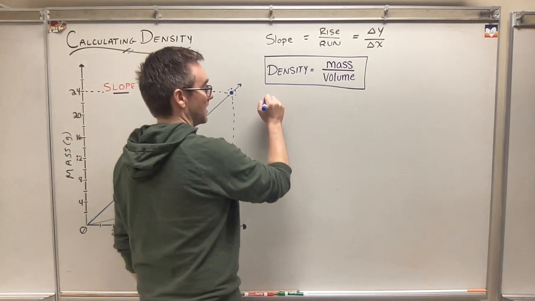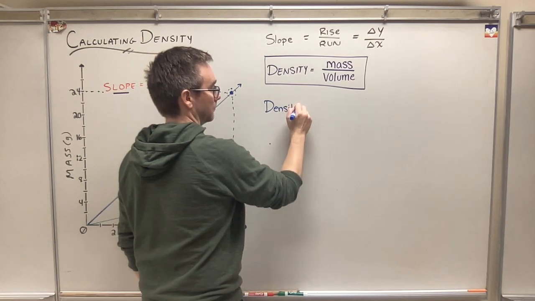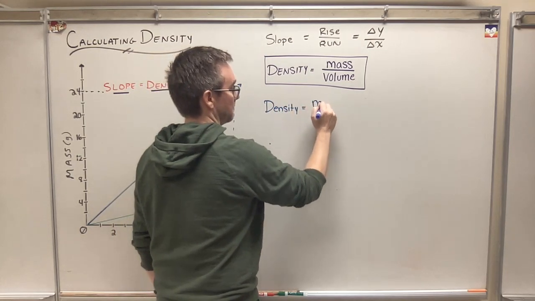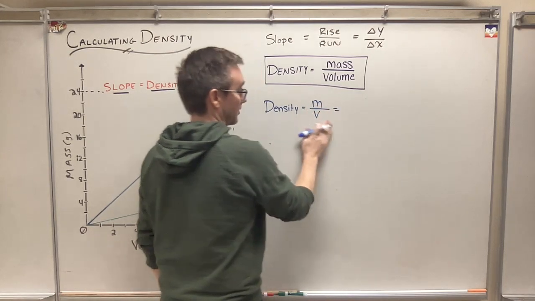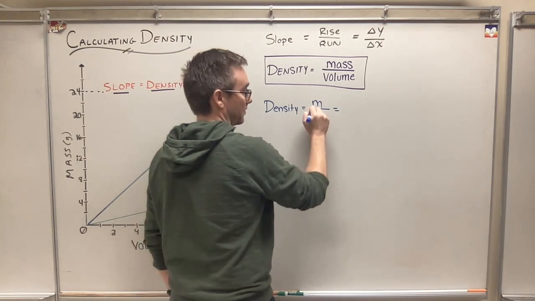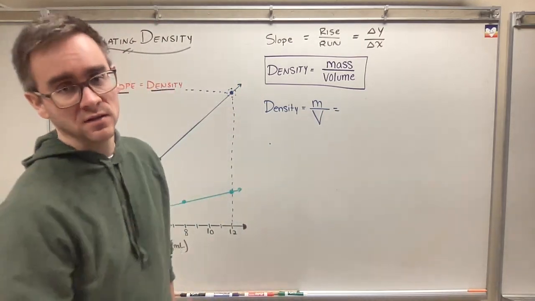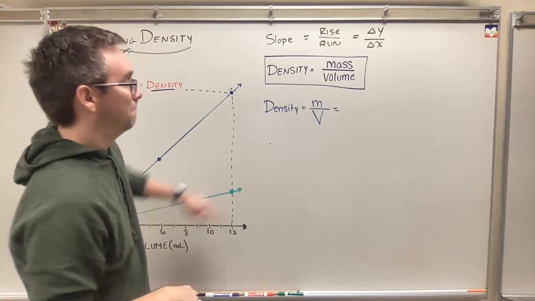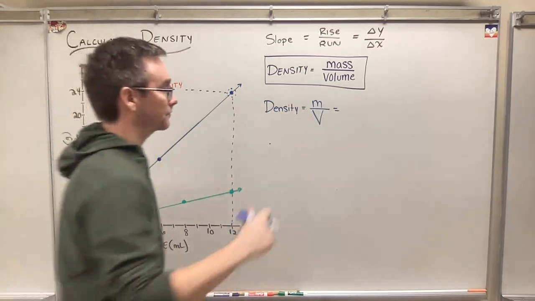So to find the density, it's going to be mass divided by volume. Sorry, I should be clear. This is a capital V. A lowercase v is indicating a velocity. We're not there yet. All right. Density is going to be mass divided by volume.